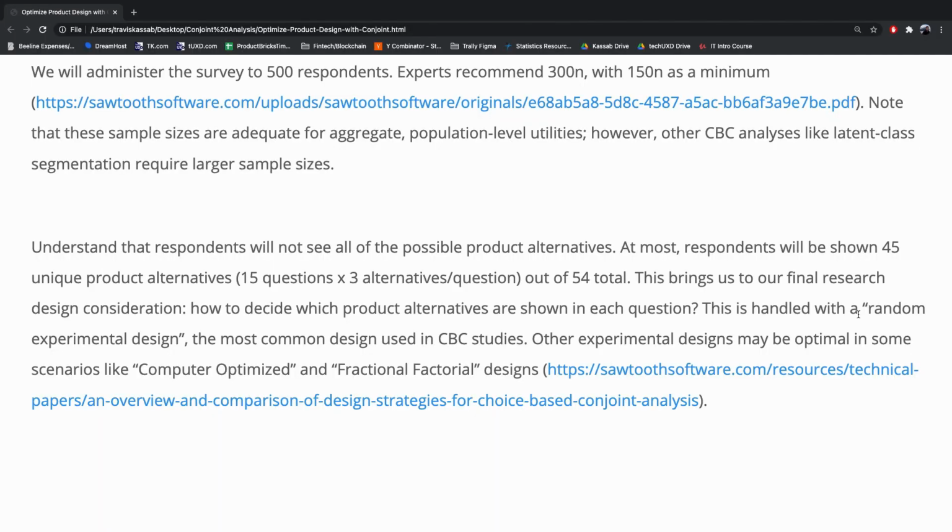And this is not the case, because we're going to use something called a random experimental design. What this is basically, you are going to randomly generate a survey for each respondent, right? Every time that you ask a CBC question, the 3 different product profiles are pulled randomly from our 54 product profile set, and they're replaced after that question.